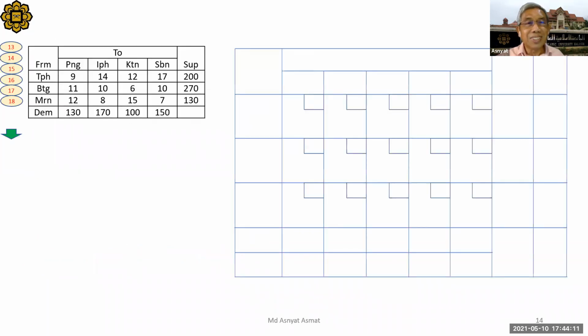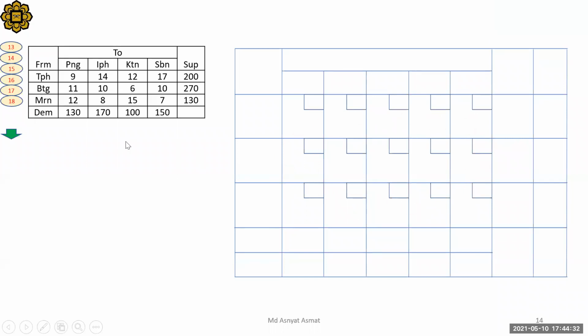Something like this. You see there are 3 rows downwards and 5 columns to the right. You have this one with you? Yes.